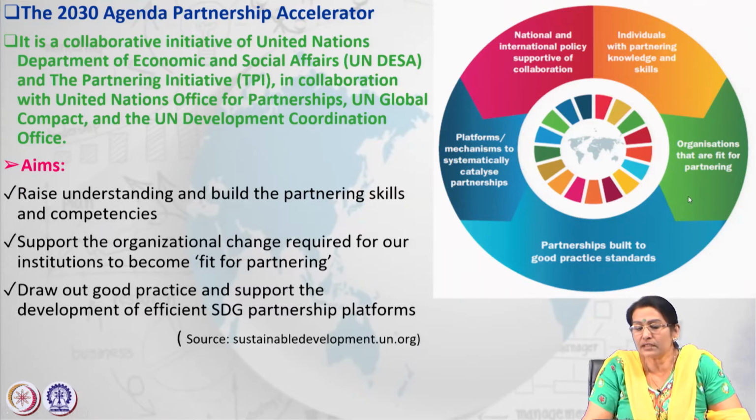Then, organizations that are fit for partnering, across the globe, maybe at regional, national or global level, which are the organizations fit for partnership because of their experience, licensing, reputation, and already developed competencies and resources.